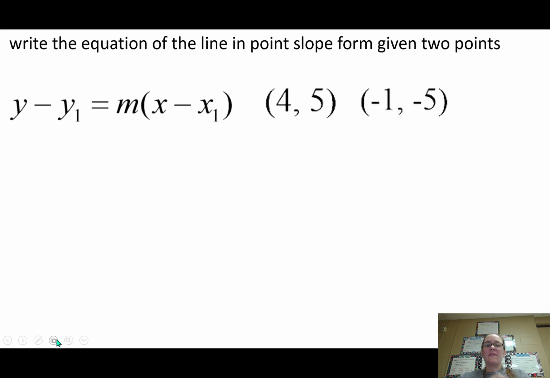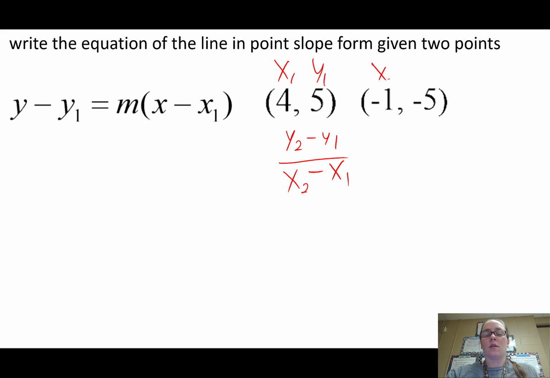All right, but now what if I have 2 points? Neither one of them is the slope, so I'm not given my slope. Well, can I find my slope? Yes. Remember, y2 minus y1 over x2 minus x1. So x1, y1, x2, y2, and all I have to do is plug in that information.